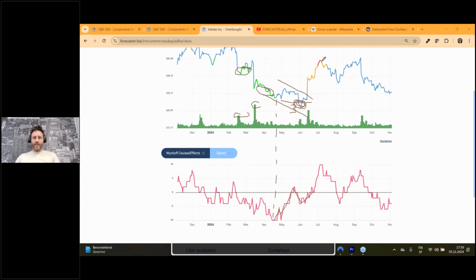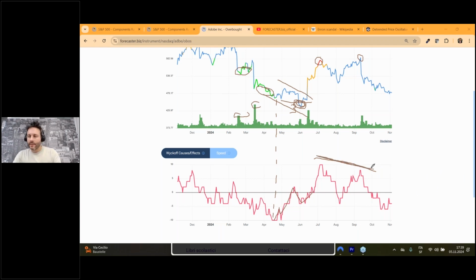And then look what happened. Prices skyrocketed. They went here, the chart colored in red, and look here. They went up, they made a new high, but at the same time, we had a divergence.